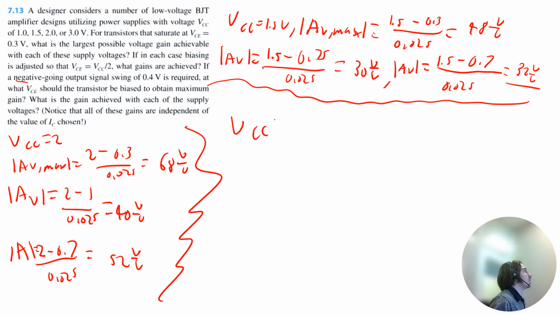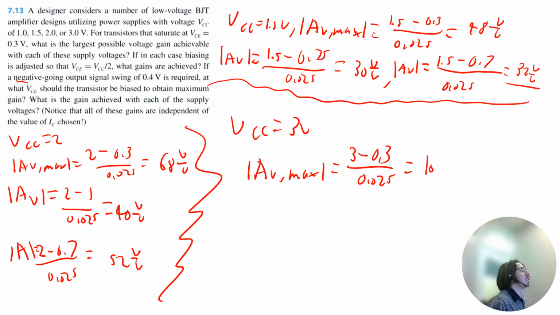Okay, lastly, let's do VCC equals 3 volts. So our maximum gain we can achieve is going to be 3 minus 0.3 divided by 0.025, and that's equal to 108 volt per volt.